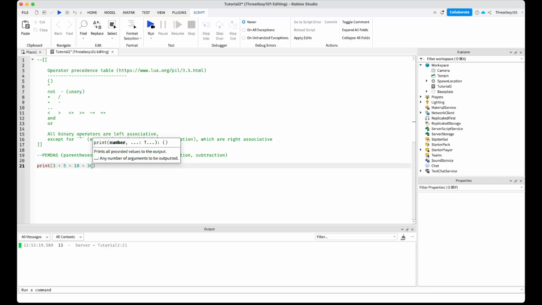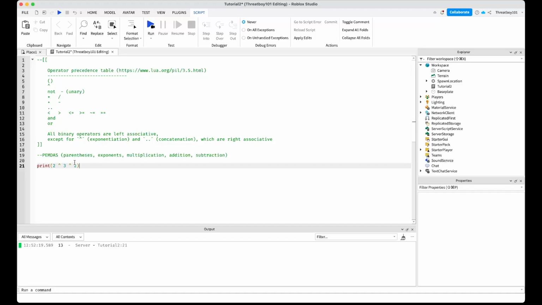That means we'll do the addition from left to right. So we'll do 3 plus 5 first, 8 plus 10, 18, and then add that to 30, 48. For certain operators, it does matter the order in which you do the operations.